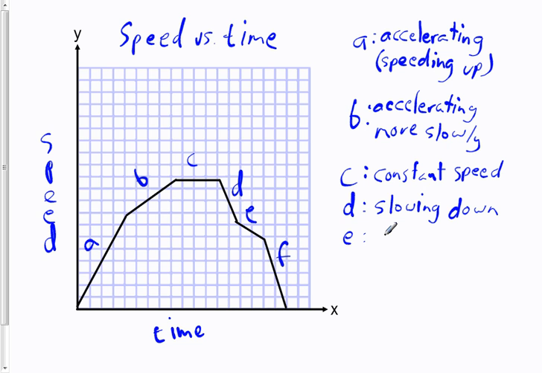At point E, okay, so at point D, it's a rapid deceleration. It goes down quickly. But at point E, there's less change in speed. So it's, in essence, slowing down more slowly. So we're going to just say less change in speed.